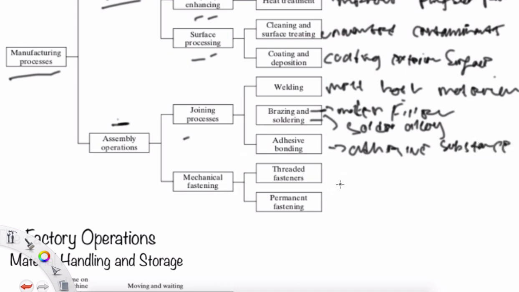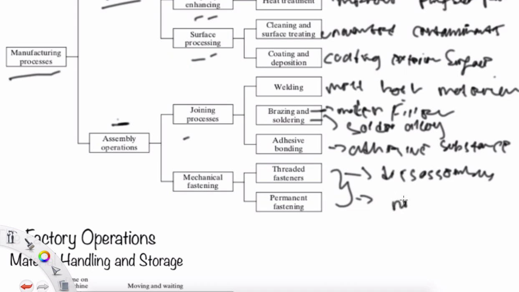And then mechanical fastening. Mechanical fastening is actually the same, but the difference is that here we are still able to disassemble, and with permanent fastening we cannot.